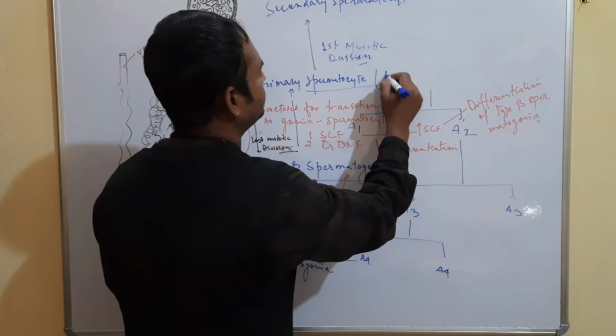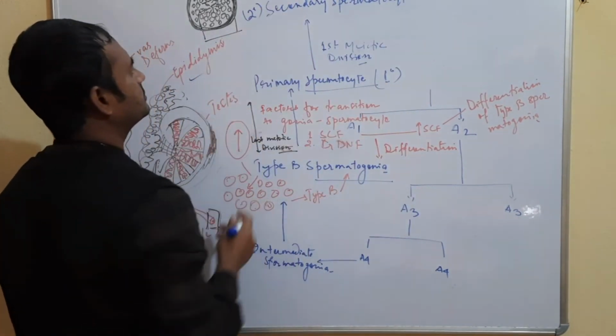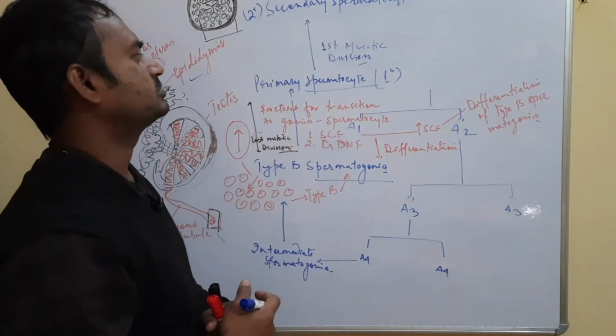We can also denote this like this one and this one, as 2 degree. This is the primary spermatocyte and this one is the secondary spermatocyte.